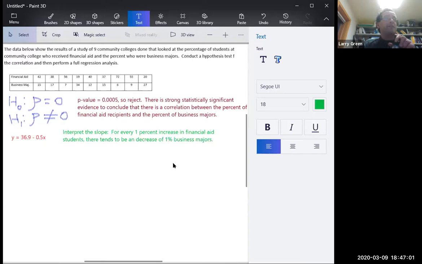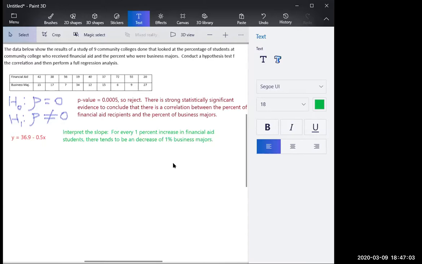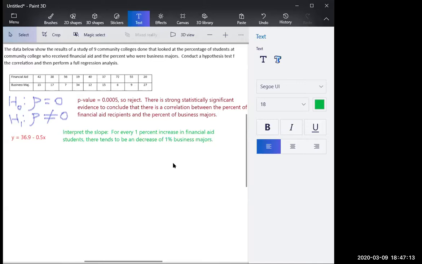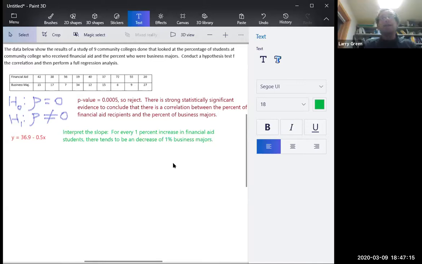Does that make sense? So instead of saying will, we should either say there tends to be, or predicted to be. Assume's always a bad word, unless you have to. Those are the two phrases you use in regression analysis: tends to and predicted to.